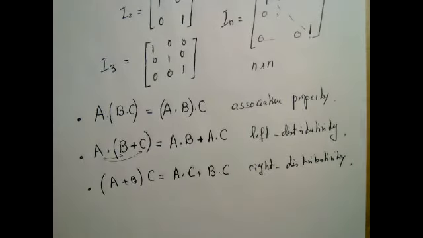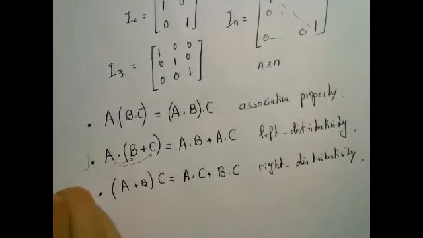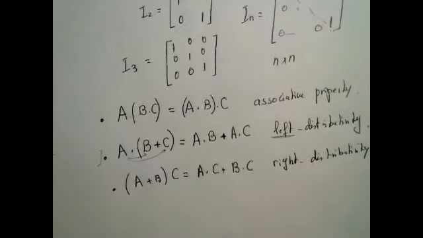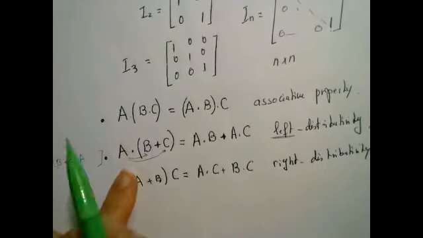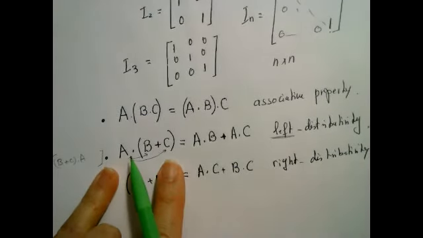Now let me make a note here about why we're talking about left and right. There is a reason, because this is not the same thing as that. As we realized a minute ago, the order in which we multiply matters.